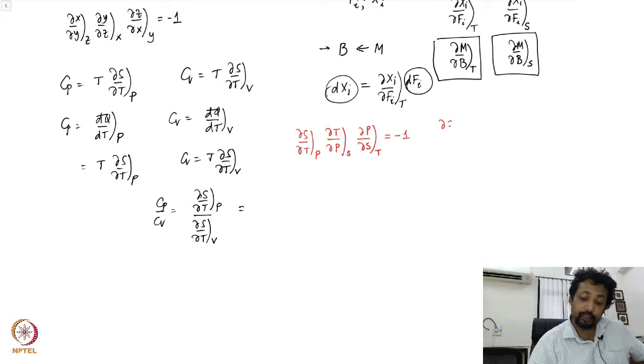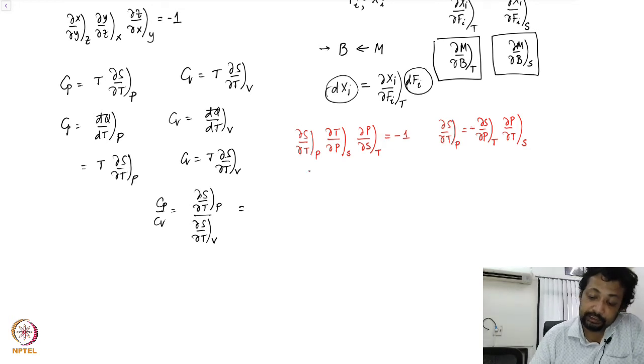So therefore you get (∂S/∂T) at constant pressure is equal to (∂P/∂S) at constant temperature, divided by (∂S/∂P) at constant temperature times (∂P/∂T) at constant entropy, with a minus sign.